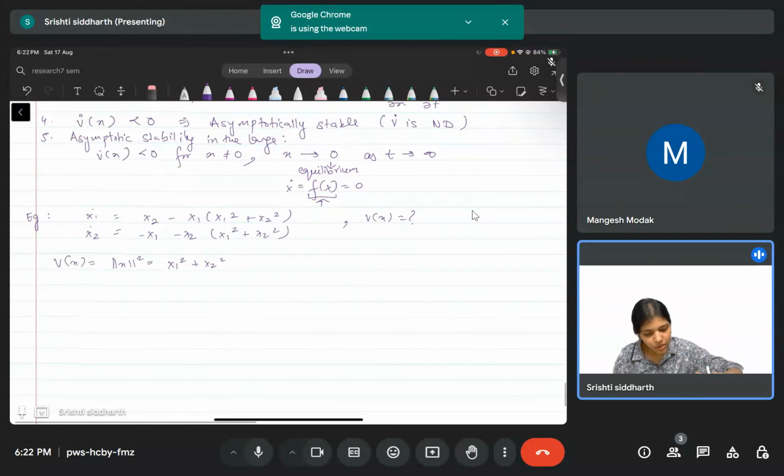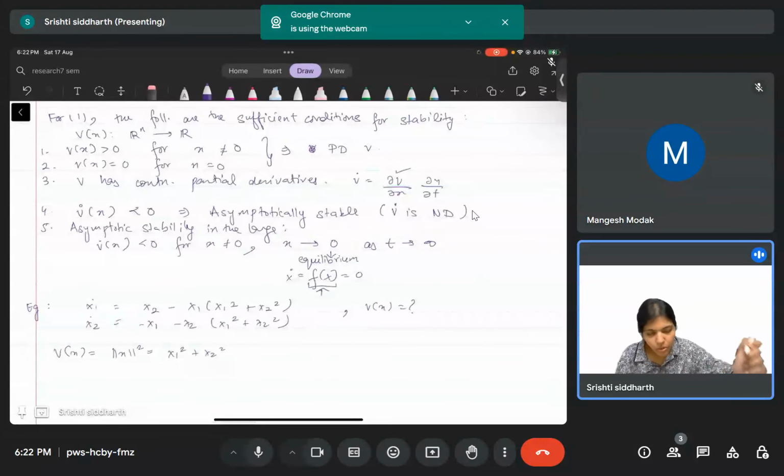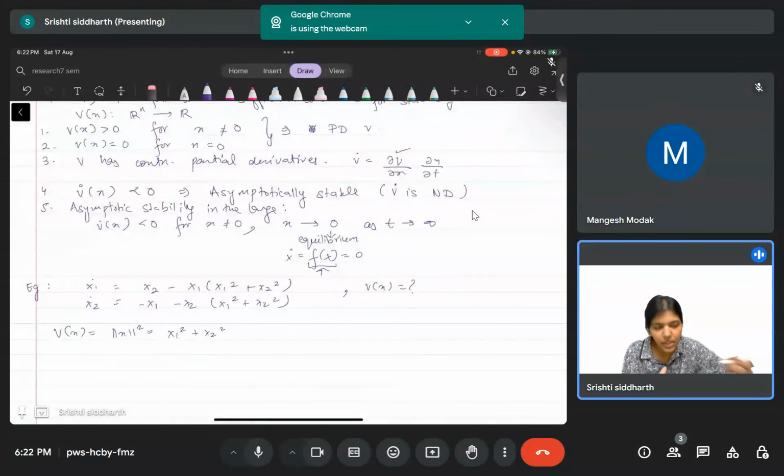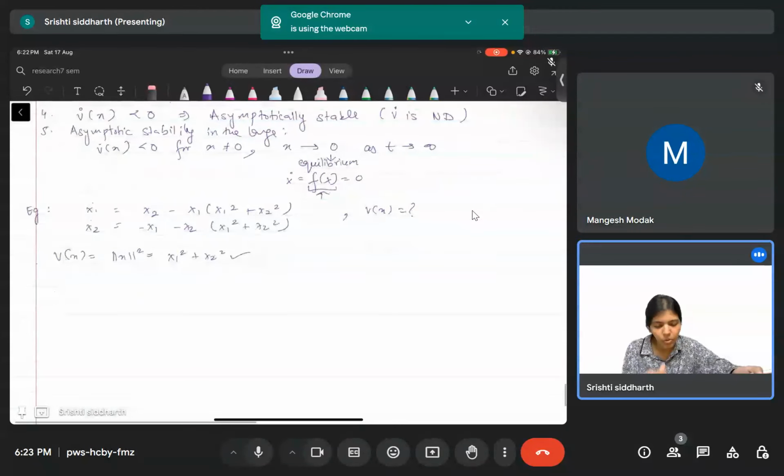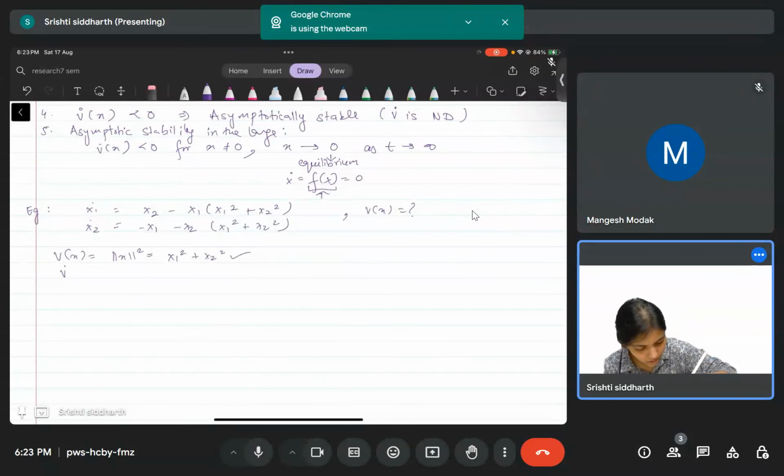So if this is the case, the first two conditions are met, of course. And since this is a nice polynomial function, it also has continuous partial derivatives. Now we need to compute what V dot of x is. You can see that V is a function of x1 and x2, and x1 and x2 are functions of the time t.